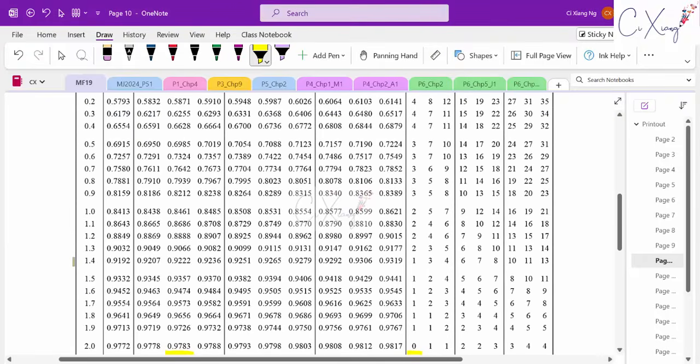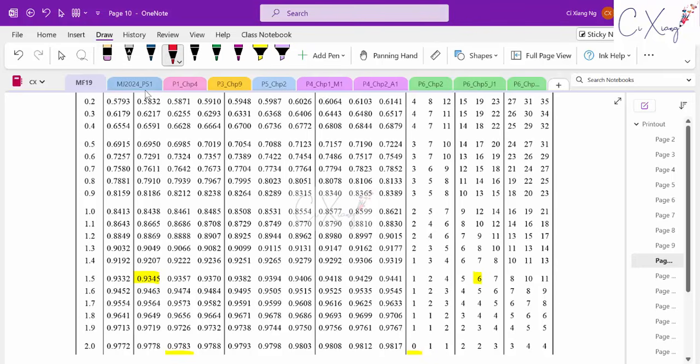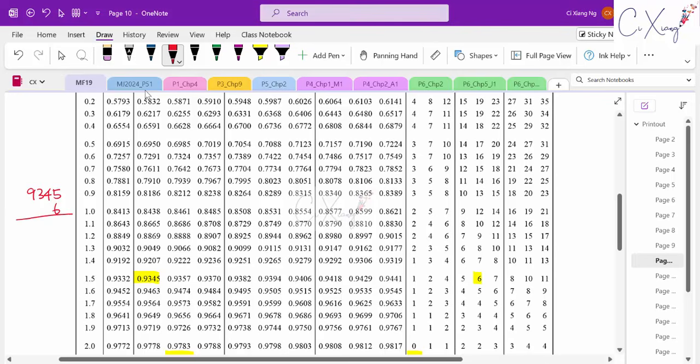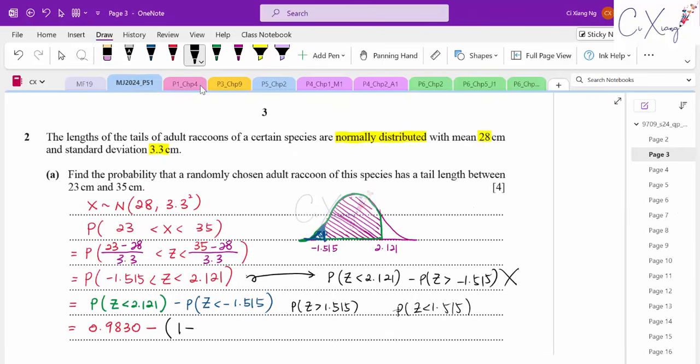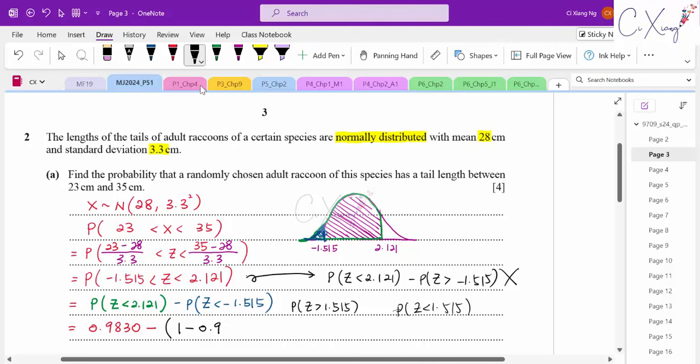Okay, so 1.5, 1 is this one, and 5 is this. So you have to take 6, add the 6 to the last digit of 9365. So 9345 plus 6 at the last digit here, you'll be having 9351. Okay, then go back. So I'm having 1 minus 0.9351.